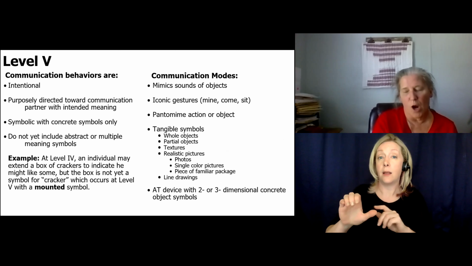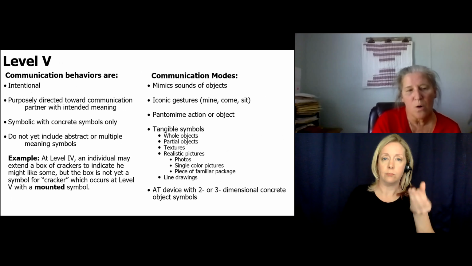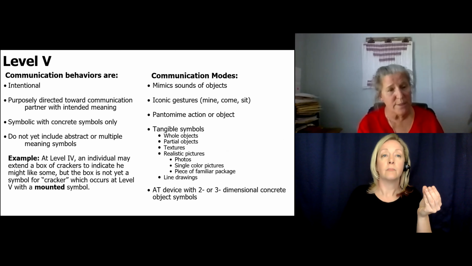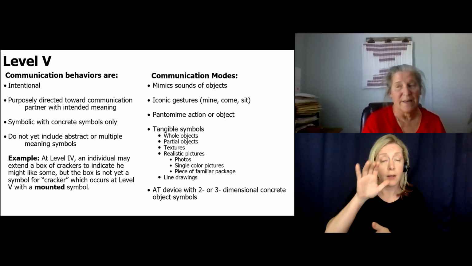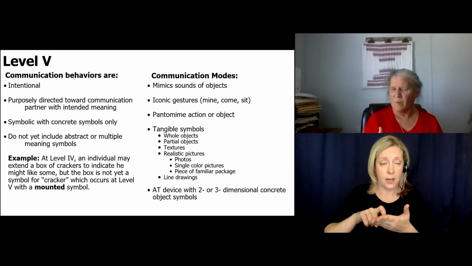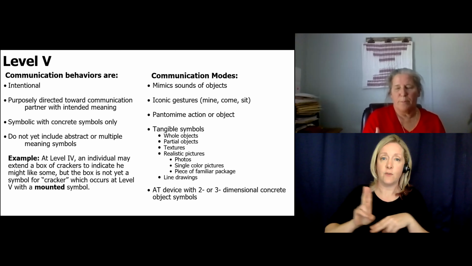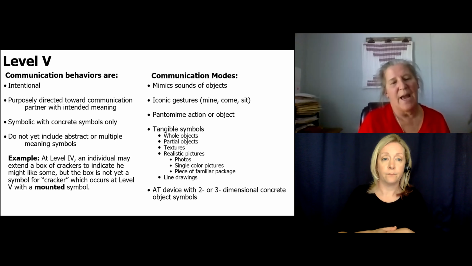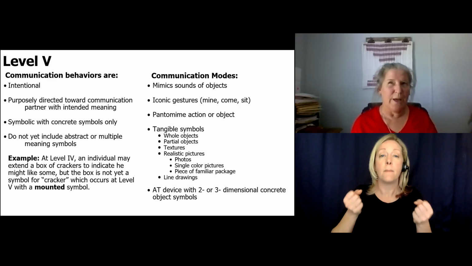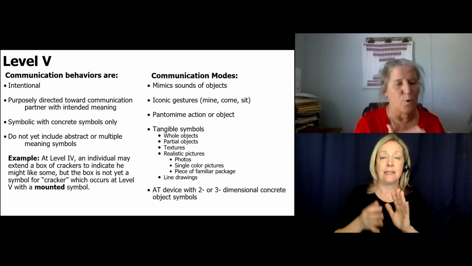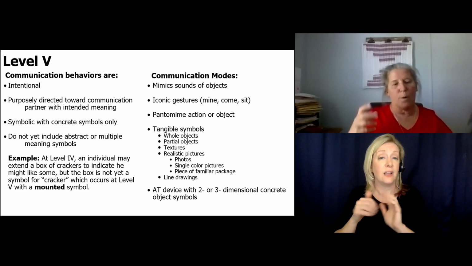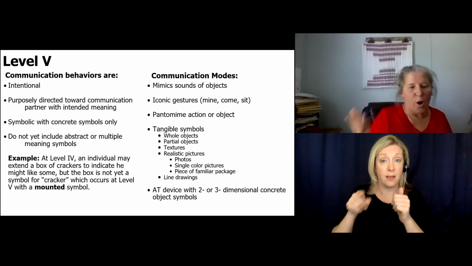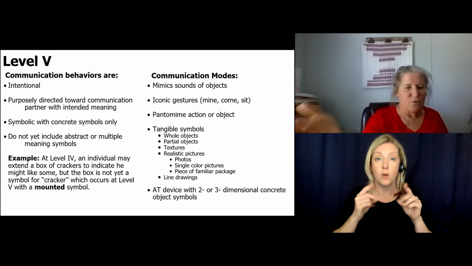We really are only focusing on those right now. We're going to be exposing them to some of the abstract, but we really are wanting them to recognize and start using. We don't want to put a lot of multiple meanings in yet. We can have the abstract, but we're not necessarily going to think that they're going to use them.